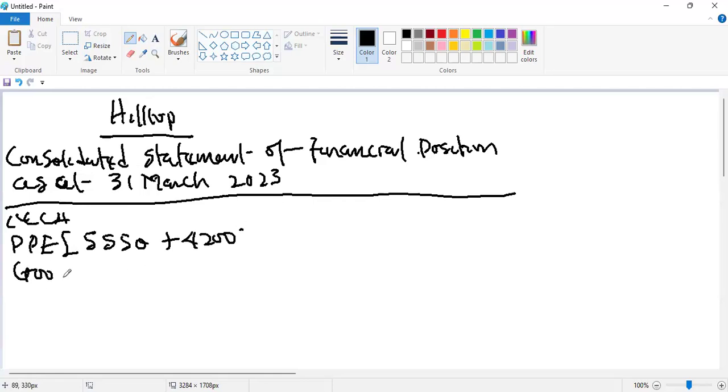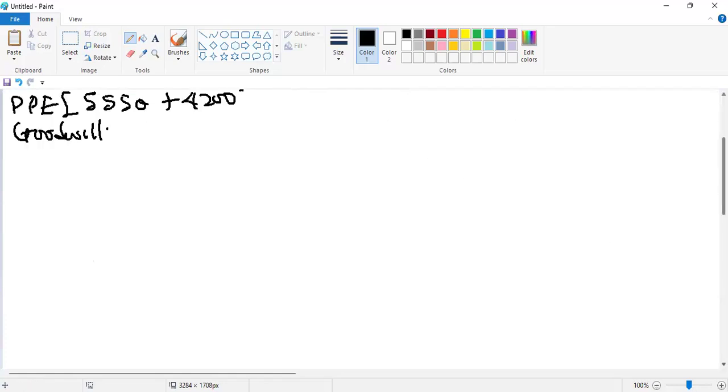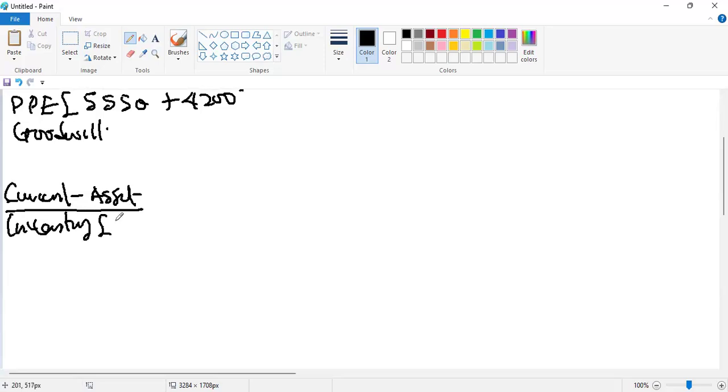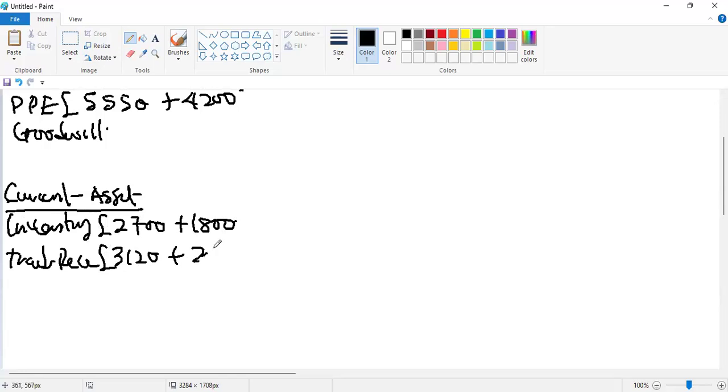Goodwill. Current assets: inventory, 270 plus 180. Trade receivables, 2120 plus 180.